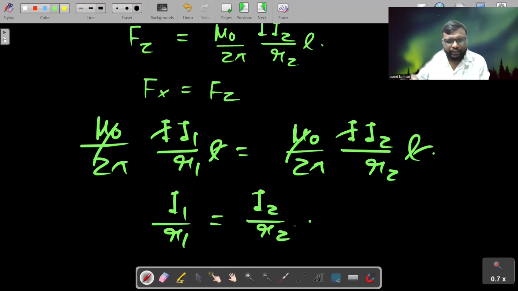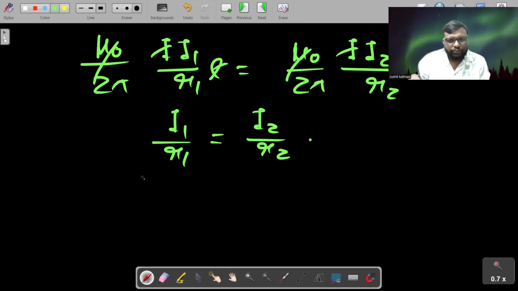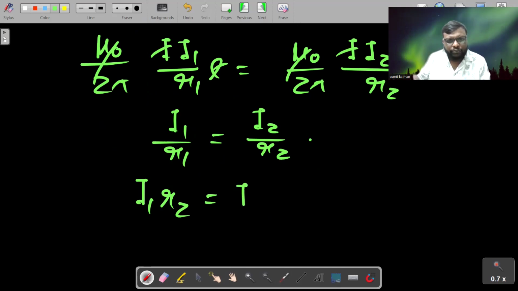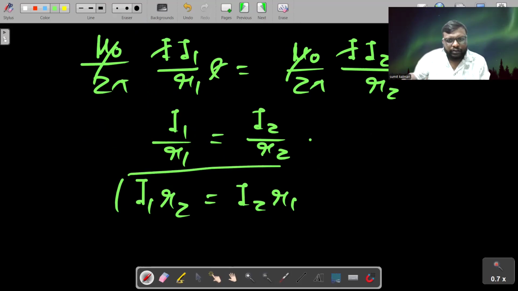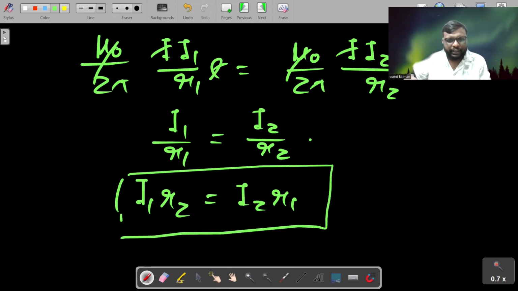And students, here I1 R2 will be equal to I2 R1. So this is the relation between the currents I1 and I2, and this was the solution of this problem.